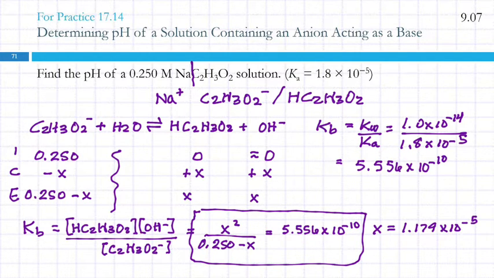I got 1.17 times 10 to the minus 5. Anybody else get that? Somebody has to check my work because I make an awful lot of mistakes. Okay.